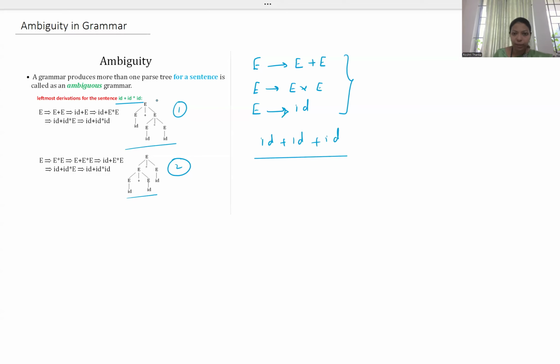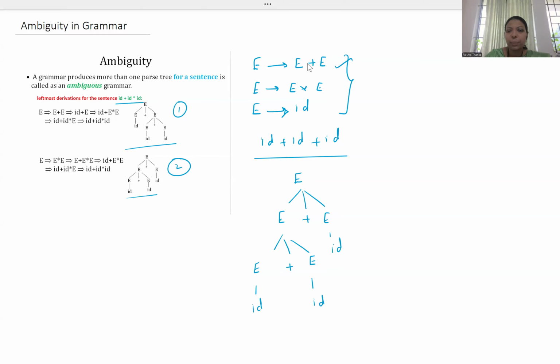Let us start. One way to derive is top-down parsing. I'm going to start from the root node, and take the first production, E plus E. Then this E I'm going to further derive as E plus E. Then this E can be further derived into ID, and this can be ID. All of this is derived from this grammar.